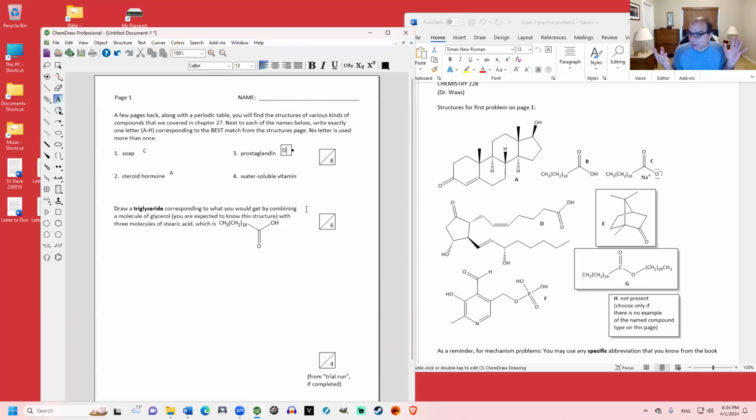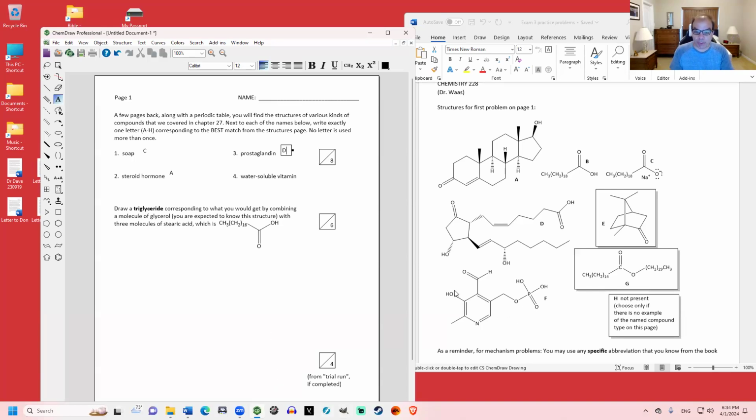I'm probably forgetting a few of them, but it doesn't fall into any of those other categories. And it's water soluble. What makes a molecule water soluble? Well, if it has a lot of functional groups on it that either are polar or can hydrogen bond with water. And we have a good candidate for that over here.